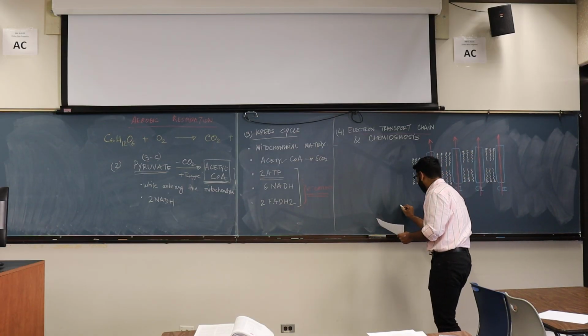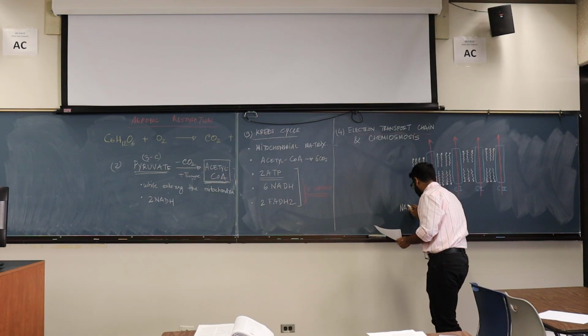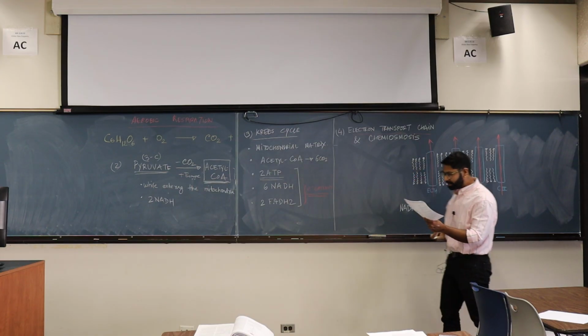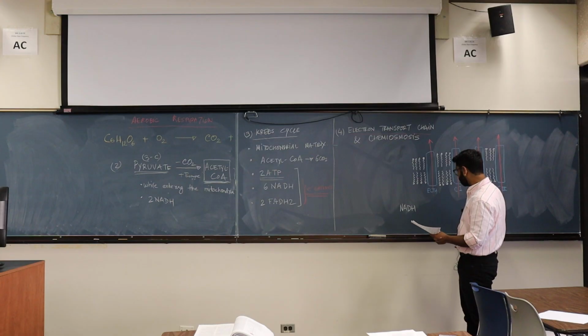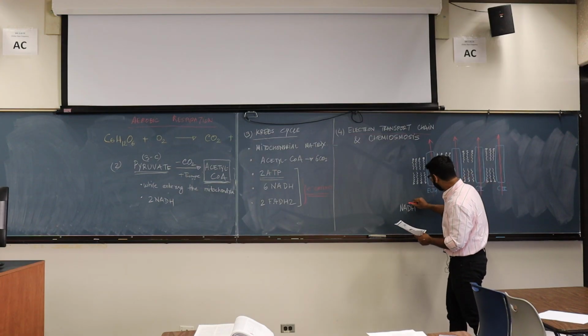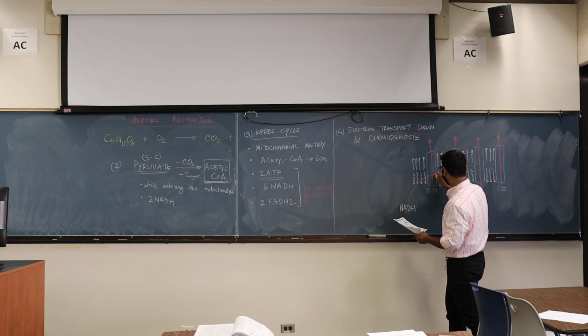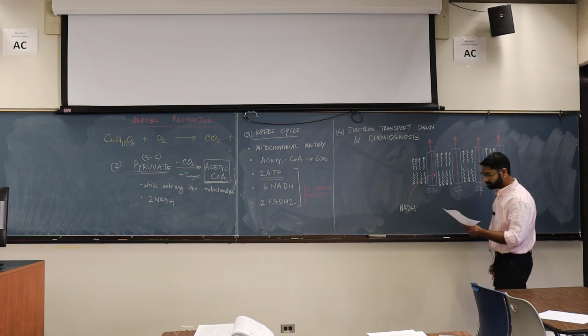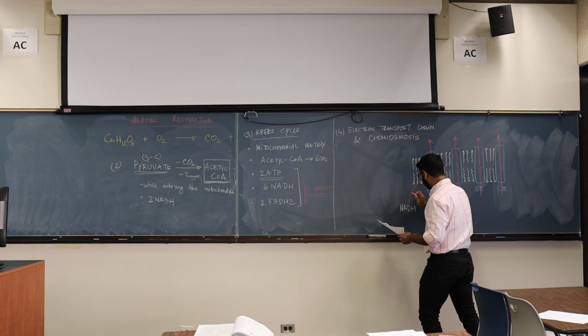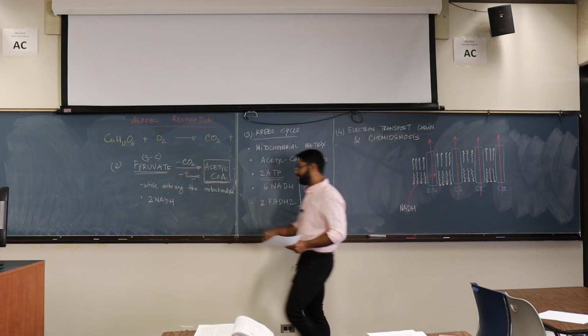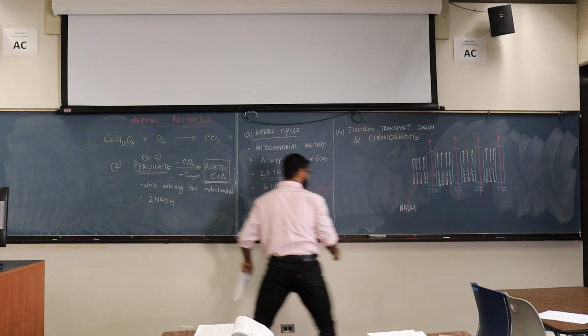So you get an NADH, a charged battery, coming close to this. What happens is it dumps its electrons to the first gate. So you have this electron and it dumps its electron to the first gate.